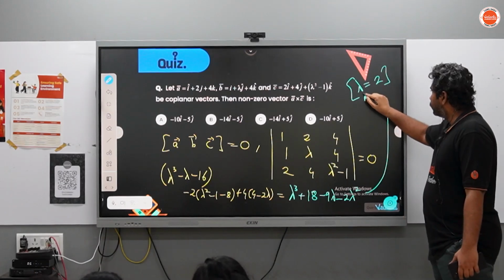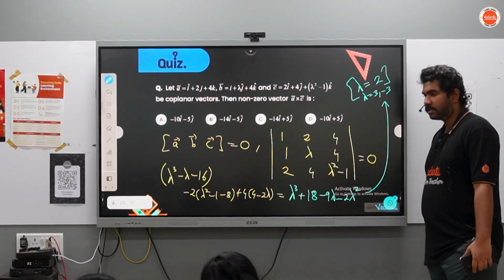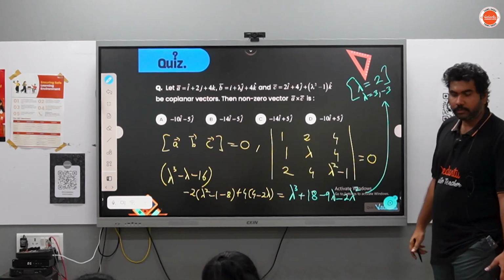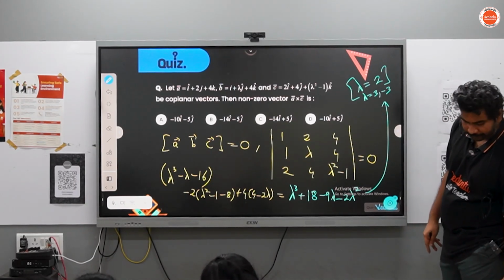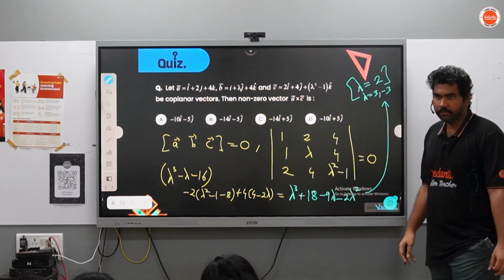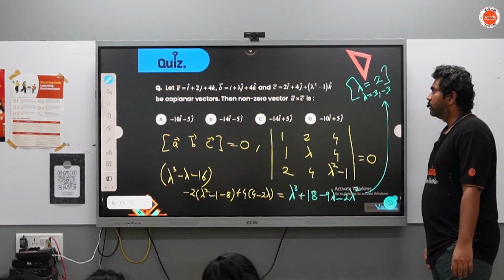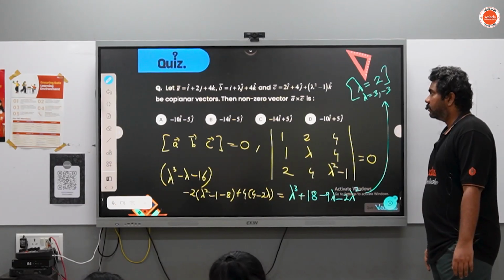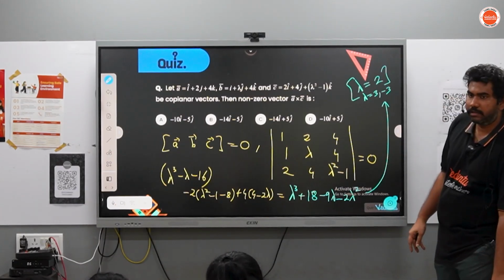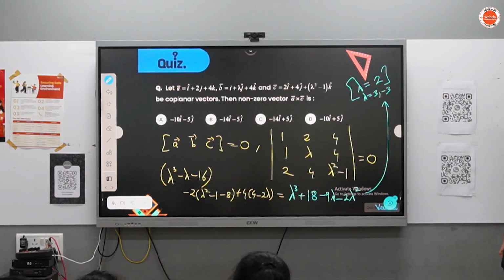So lambda equal to 3, minus 3 also. Yes, so we found all the 3 roots. So lambda equals 2, 3 and minus 3. So we have 3 solutions for this. And they are asking us to find a non-zero vector A cross C, so that you can find. Yes, completed.